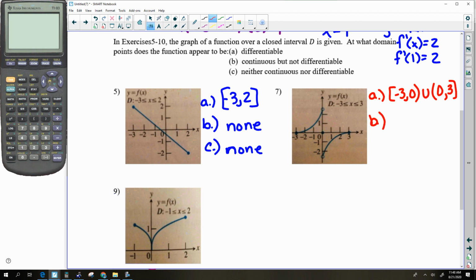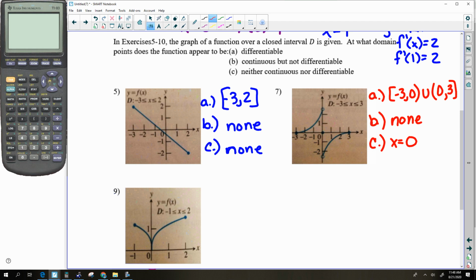Okay, where is it continuous but not differentiable? The break in continuity is causing the mess up of differentiability. So there is no spot that this is continuous and not differentiable. See, where is this neither continuous nor differentiable? At x is equal to 0. It's not continuous and it's not differentiable.